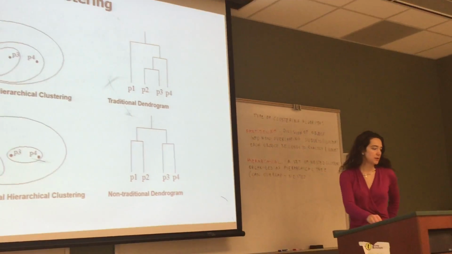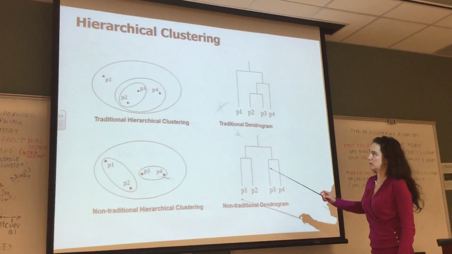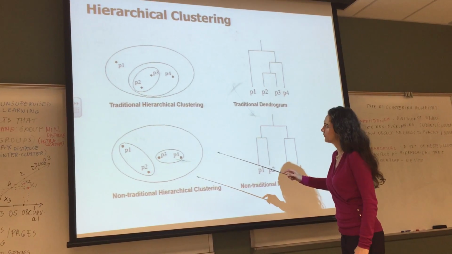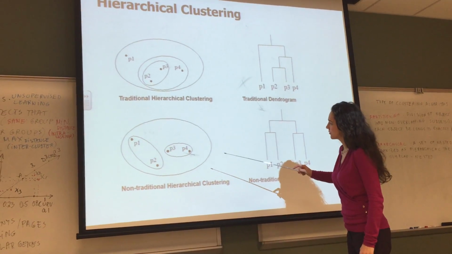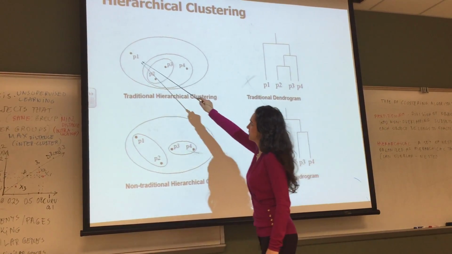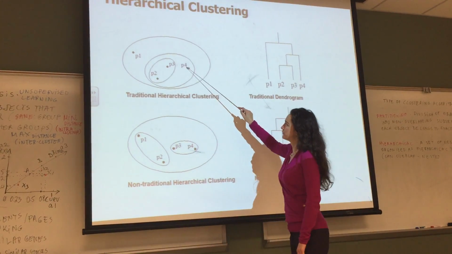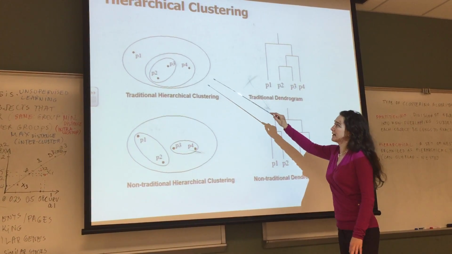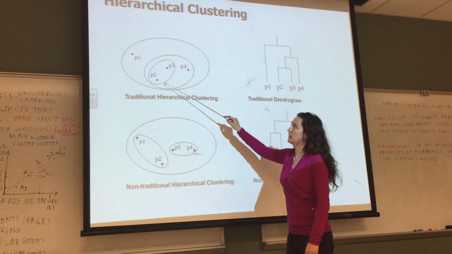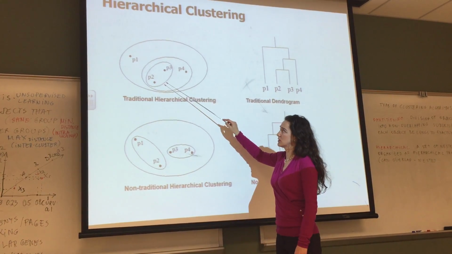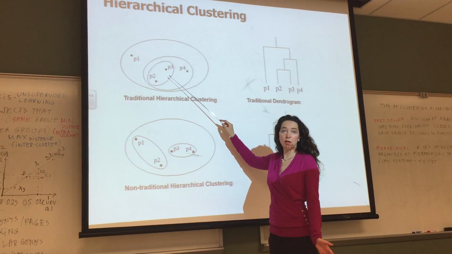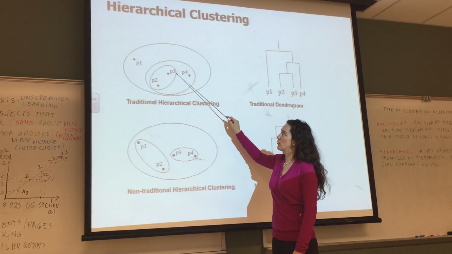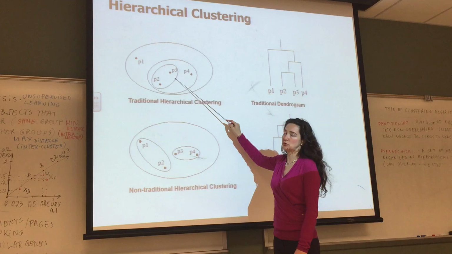So if these are the original data points, point 1, 2, 3, and 4, in hierarchical clustering, first we will calculate the distance from each point to every other point, and then we will combine the 2 points that are closest to each other together.